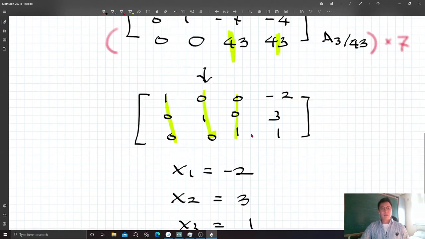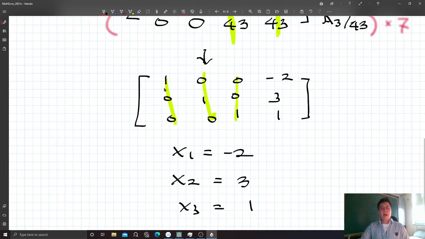Okay? Similarly, how do we read this? The first row is x1 and 0, 0, so we don't have to put the two variables. This can simply be read as x1 is negative 2, in the second row x2 is 3, and in the third row x3 is equal to 1. All right?